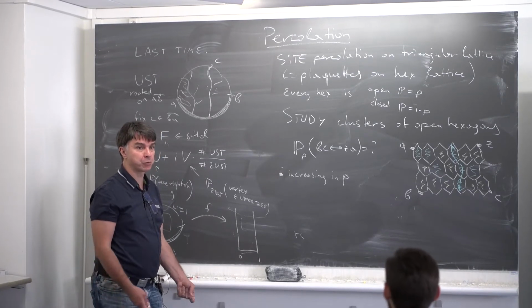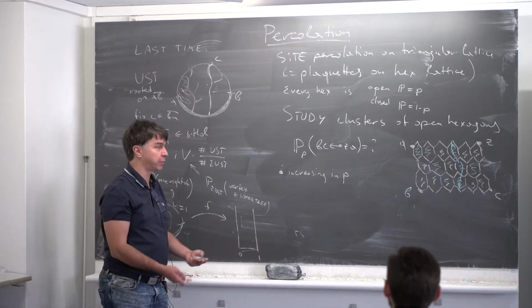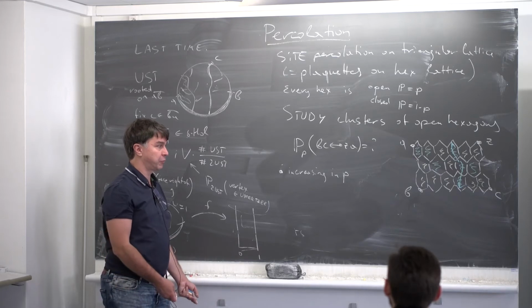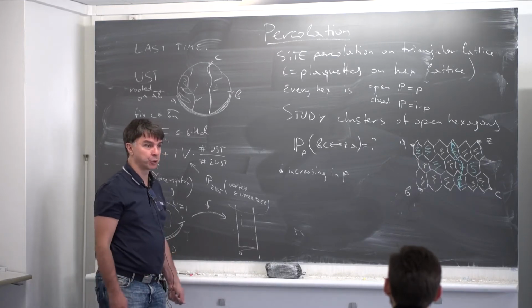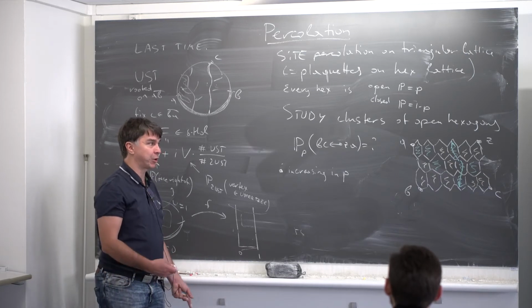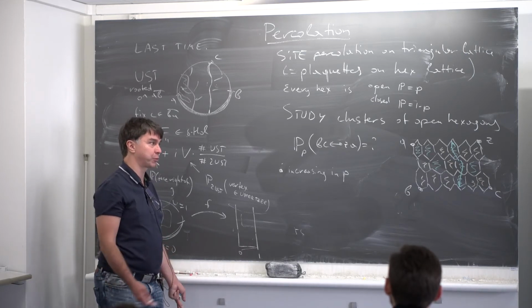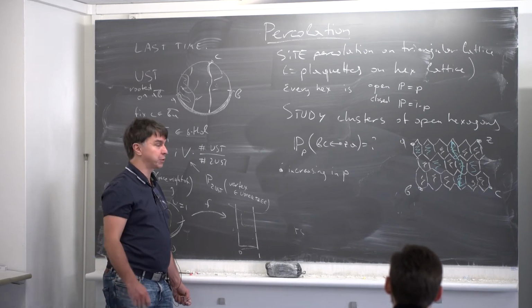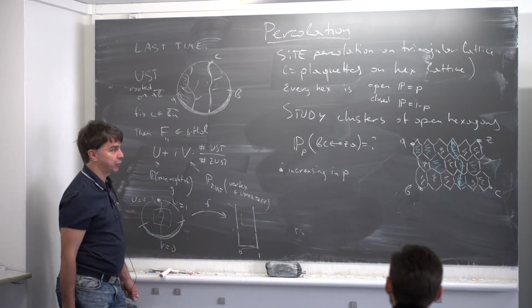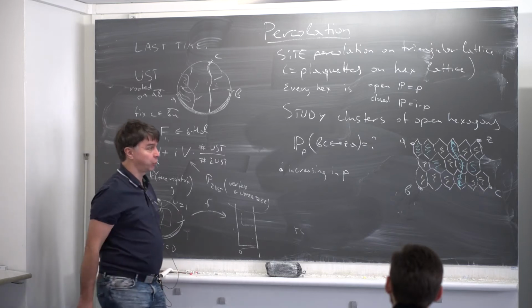The rigorous proof is done with coupling. You have to couple the situation for P and the situation for P plus epsilon, and the best way to do it is to have three colors: open, semi-open, and closed. Open with probability P, semi-open with probability epsilon, and closed the rest. And then show that if you add semi-open to open, then you open new ways.